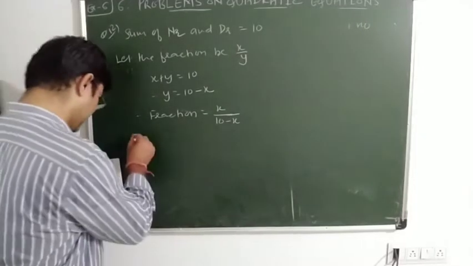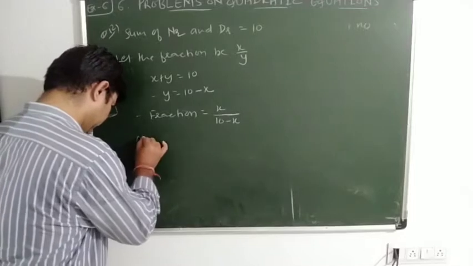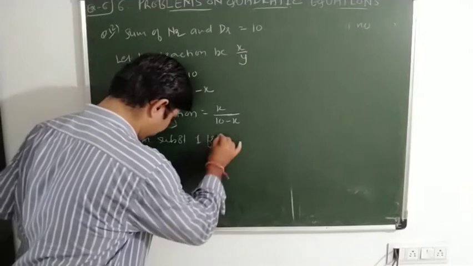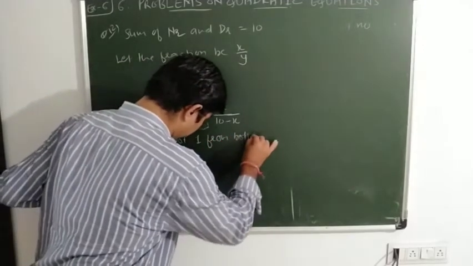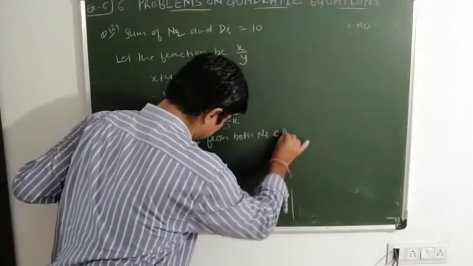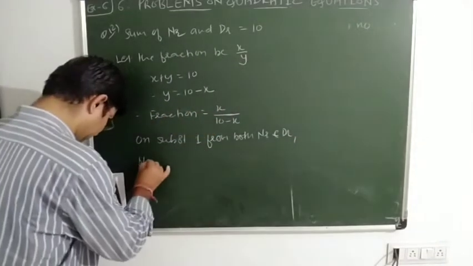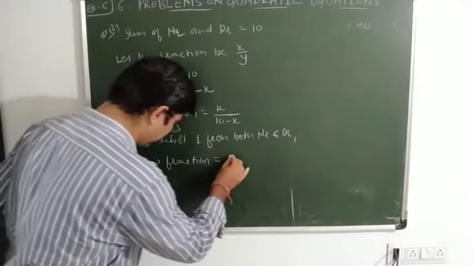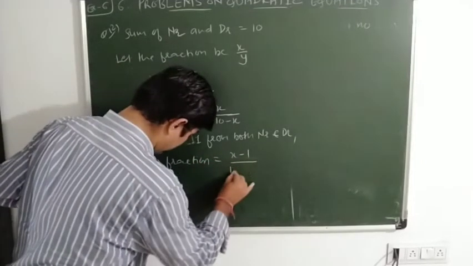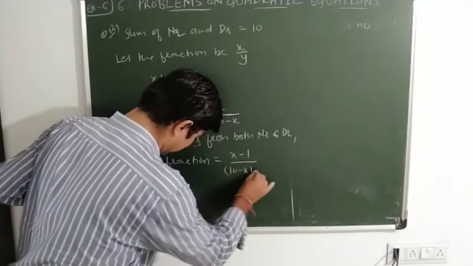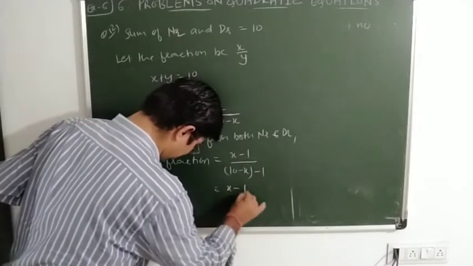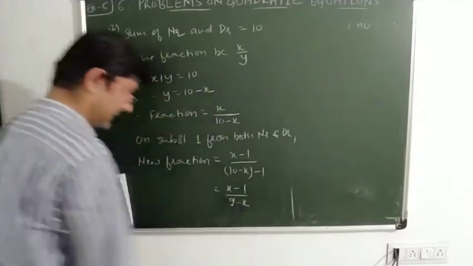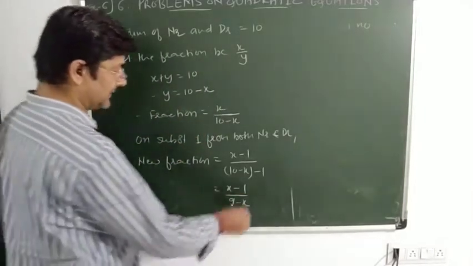So let us first write down that on subtracting 1 from both NR and DR, the new fraction obtained will be x minus 1 upon 10 minus x minus 1, which will be equal to x minus 1 upon 10 minus 1 will be 9, so 9 minus x. So this is the new fraction.